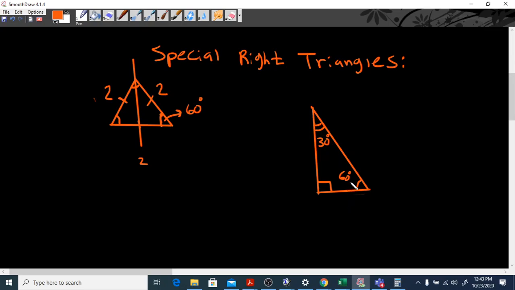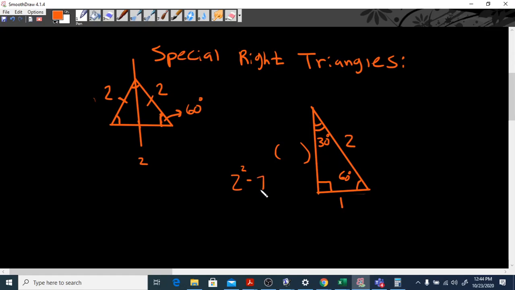Again, for simplicity's sake, we're assuming that this side was 2, so this side is also going to be 2 because it hasn't been touched. This side down here was cut in half. If I take 2 and cut it in half, I get 1. And if I use the Pythagorean Theorem to find this side over here, because I have a right triangle, then what I'm going to wind up with is 2 squared.